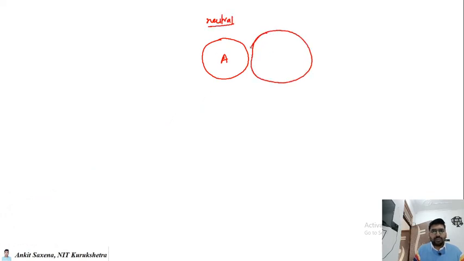For example, we have a body A that is neutral in the starting and we make contact with body B, which is also neutral in the starting. Now the question is, what is our aim? Our aim is that we want to make body A negatively charged.